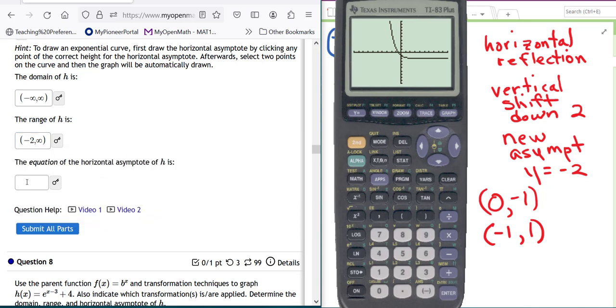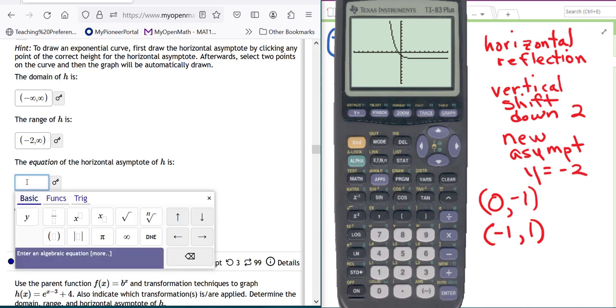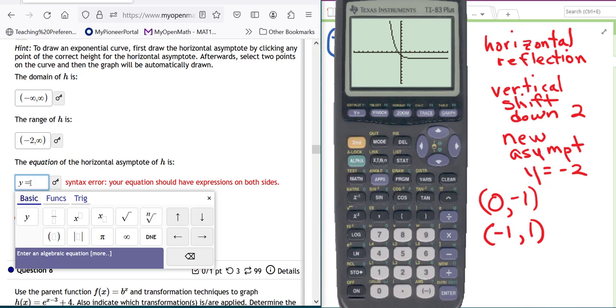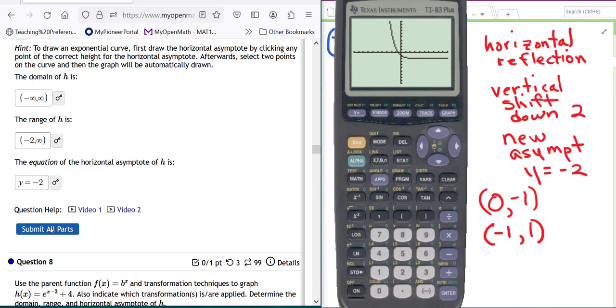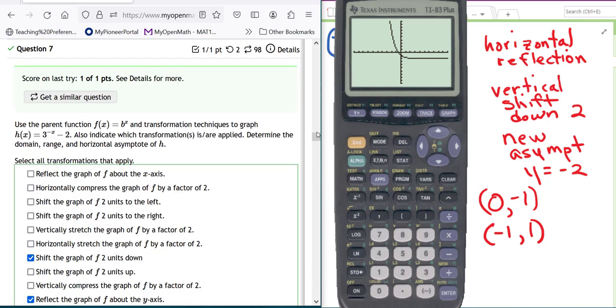Your equation of the asymptote is y equals -2. Yay, we have green.